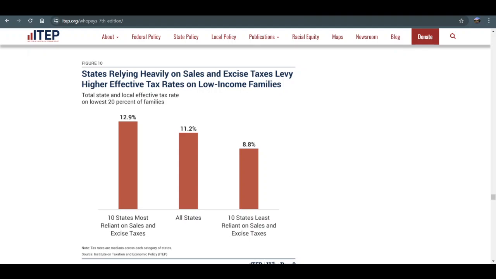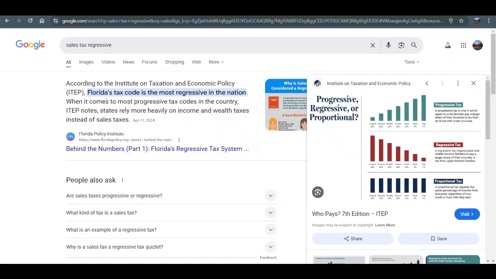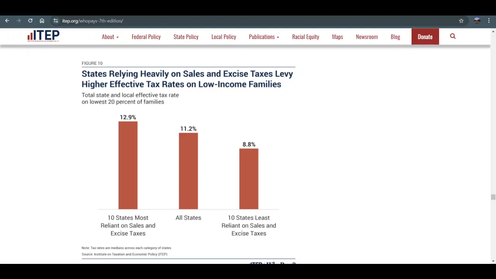The most regressive state in the country is Florida. So we have sales tax in Florida, and that's just about it because we have tourists. So we say, because we have tourists, we're going to shift the burden to the tourists that come down, when in reality what they're doing is they're shifting the burden to the poor people.